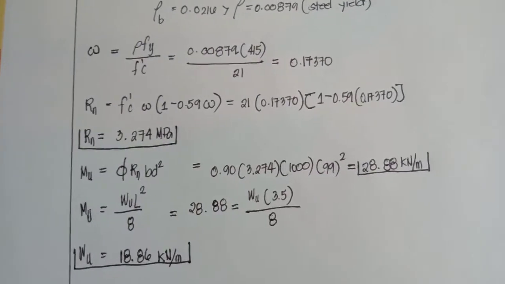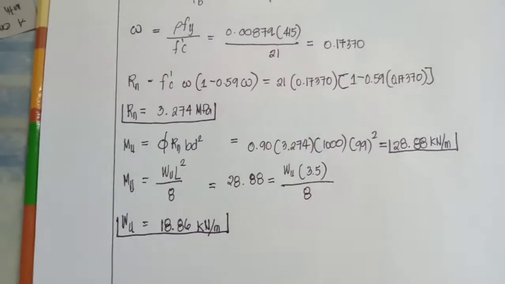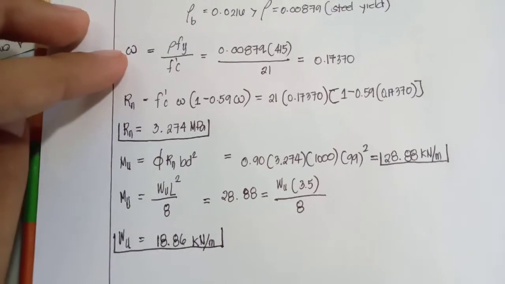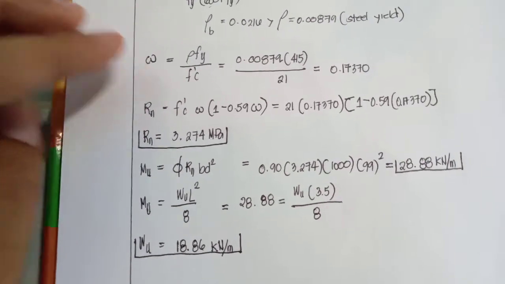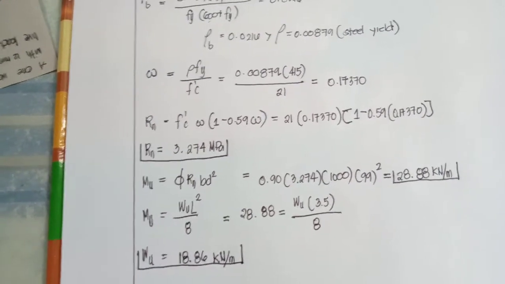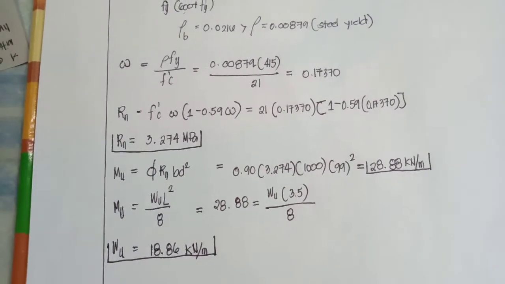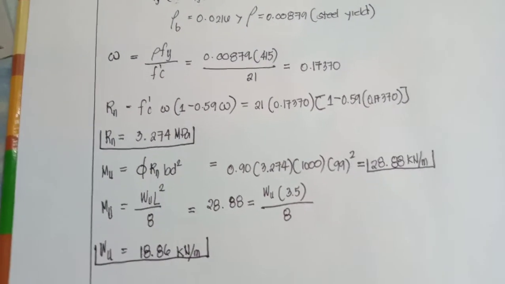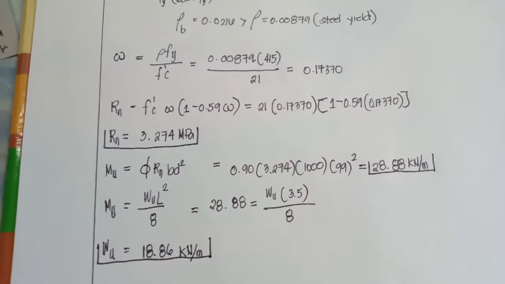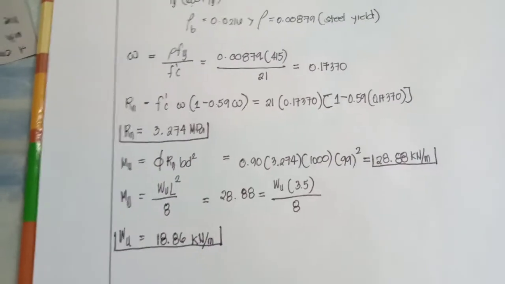Now we have to determine the value of the coefficient of resistance, but before that we need to solve first this value. We have here the formula omega equals ρ times Fy divided by Fc prime, and substituting all the values, we obtain its value of 0.1737.